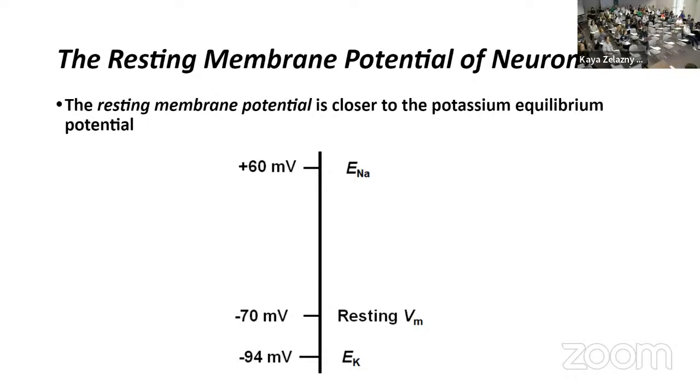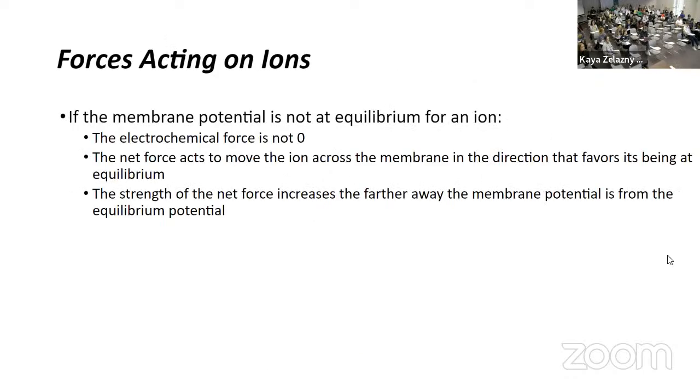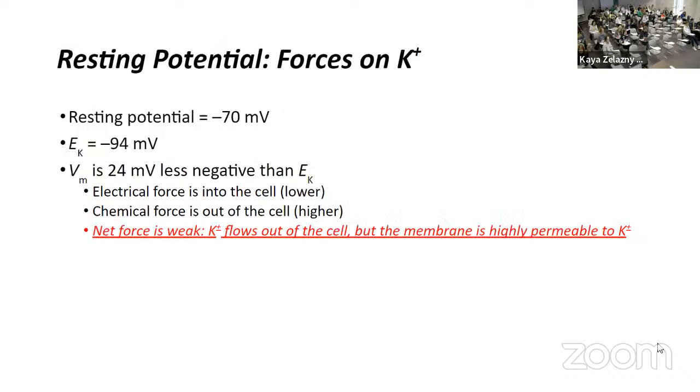So our electrochemical driving force is 0. Okay. So if we're not at equilibrium for an ion, electrochemical force is not 0. As the membrane potential is farther away from the equilibrium potential, that force is stronger. Okay.